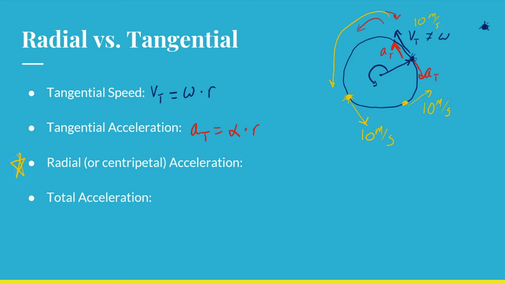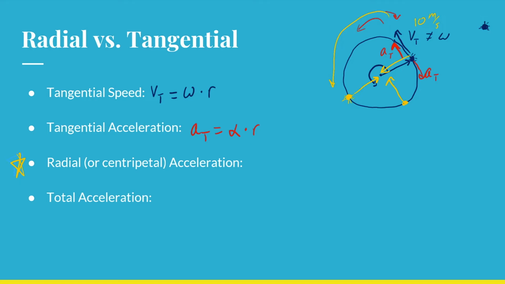And because this thing is staying on a circle, the acceleration is always towards the center. So at these three different spots, the instantaneous radial acceleration is always towards the center. So let me erase the velocities just so we don't get confused. And this equation, you're just going to have to know.